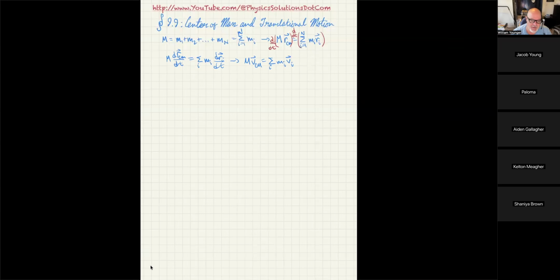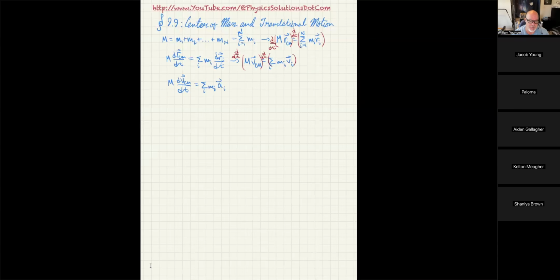And if we took a second derivative, d by dt of both sides, then we get M times dV_CM over dt equal to the summation over i of m sub i a sub i.